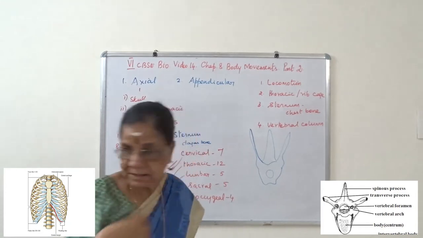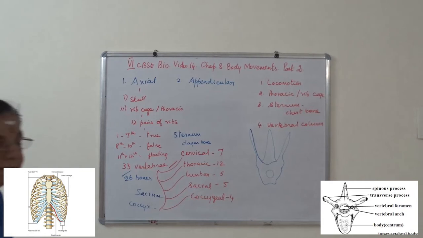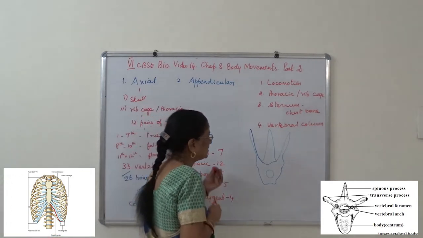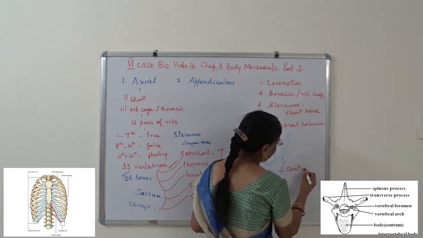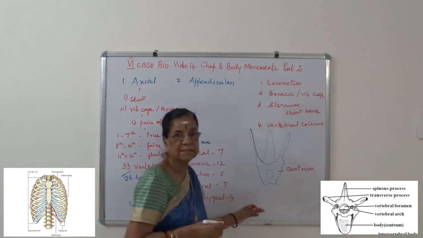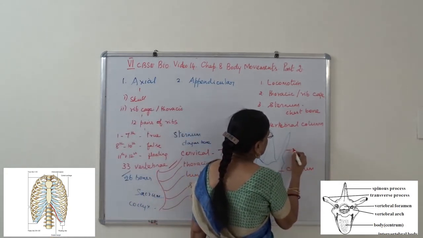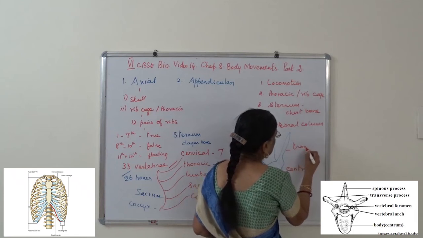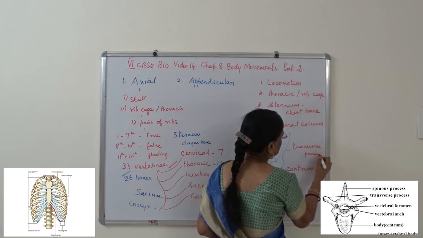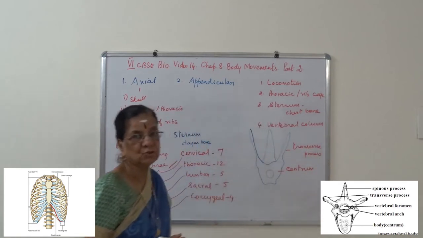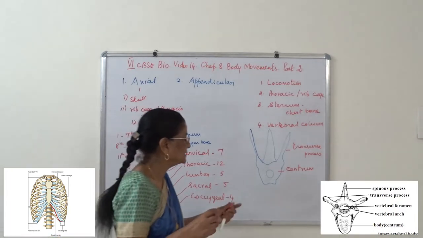Now we say this typical vertebra, I will show the color. This typical vertebra has a centrum. And these are called lateral or transverse processes. I hope you understand.